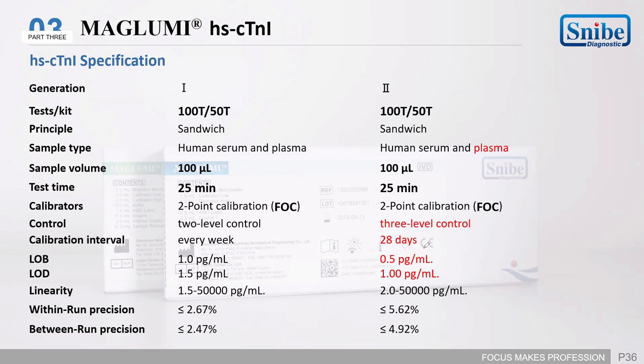If we talk about the linearity, it is between 2 to 50,000 picogram per ml. The within run precision is less than 5.62, and the between run precision is 4.92, which shows that we have a broad measuring range and require no dilution. But for those patients whose result is greater than 50,000, some dilution factors are recommended.